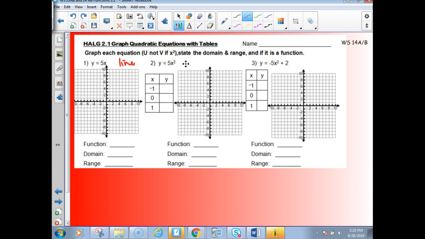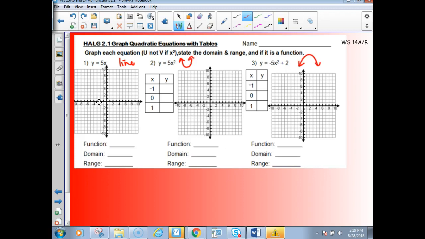And then if it's an x squared, it's going to be a U, not a V. If it's x squared and it's got a negative number in front of it, what do you think that might do? Remember anything from Algebra 1? That number being negative, this one's going to go up, this one's going to go down. All right, so I'm just giving you a hint. Some of these are going to be really skinny.